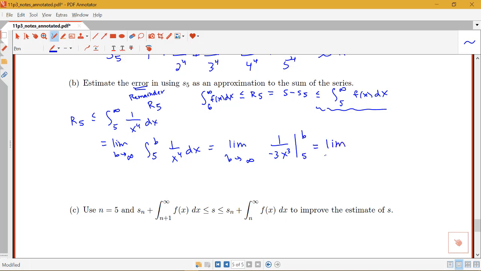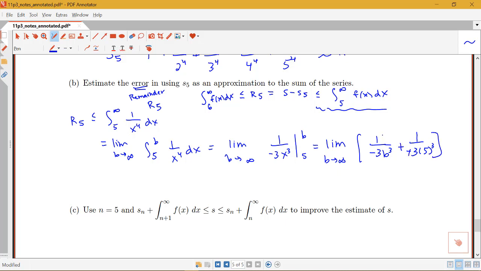So this gives me the limit as b goes to infinity of 1 over negative 3b cubed minus 1 over negative 3 times 5 cubed. Notice that'll give me a positive in there.